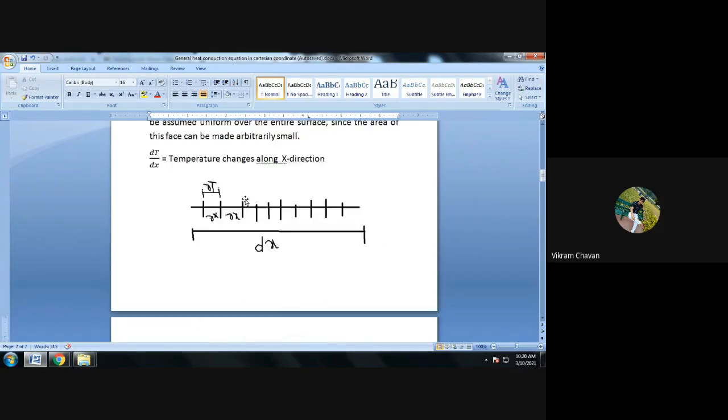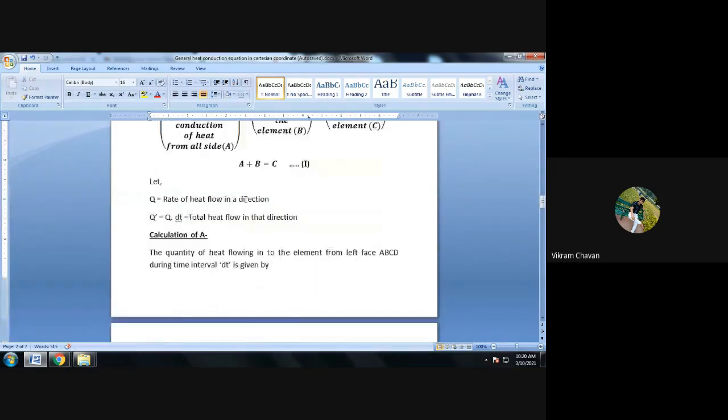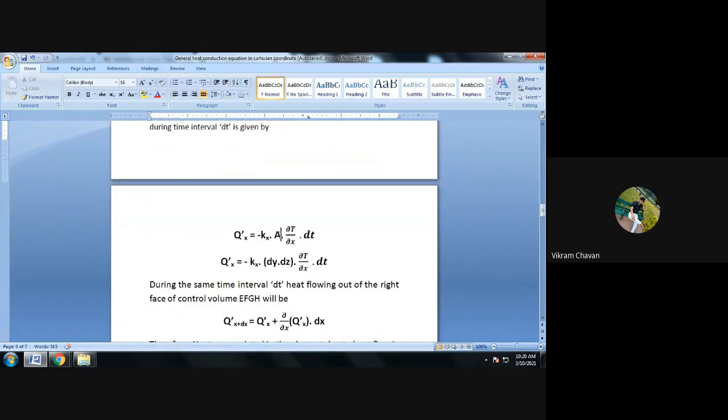So further we have put this area over here. Instead of A, we have put dy multiplied by dz.